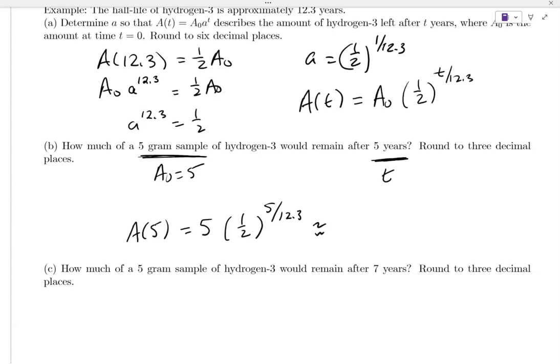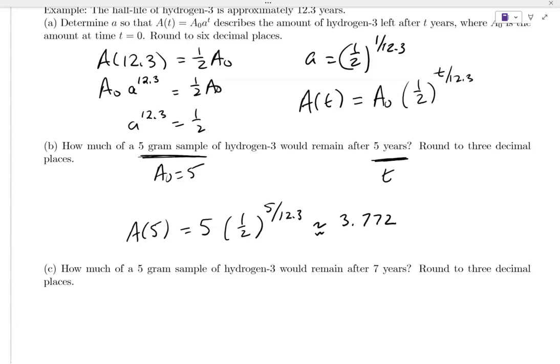What do you get when you put all that in your calculator? 3.772. Say it again? 3.772, is that what you said? So what others got? And in this case, the units would be what? This is an amount of stuff.